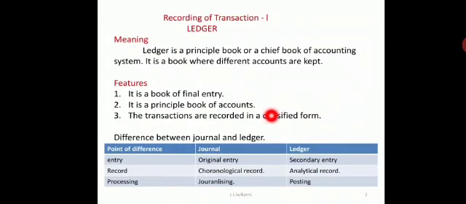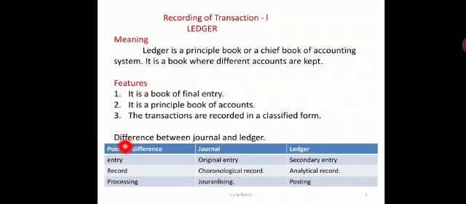So I get detailed information saying why the account is credited, to which account it is credited, and to which account it is debited. So it is in classified form.